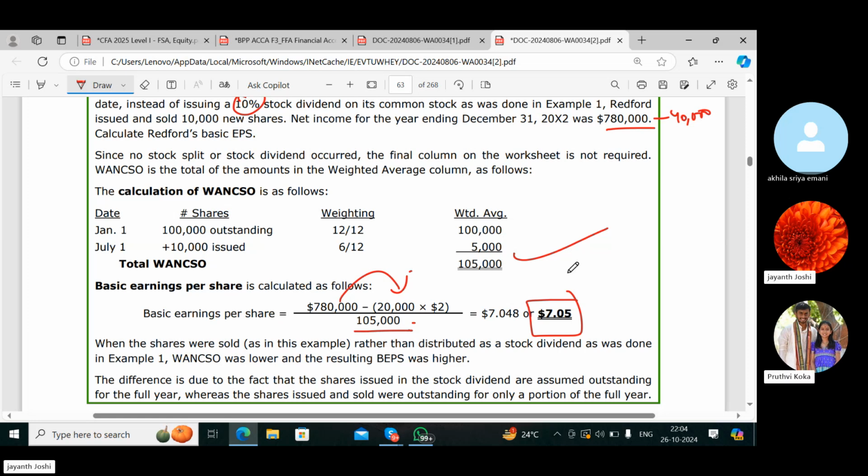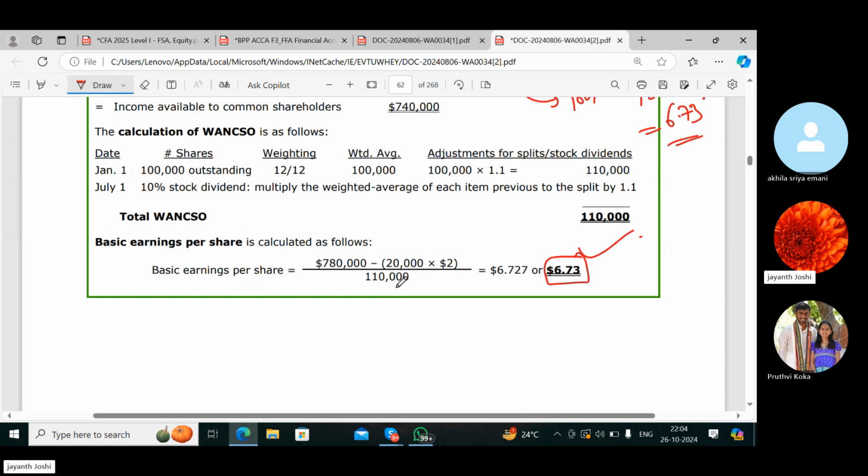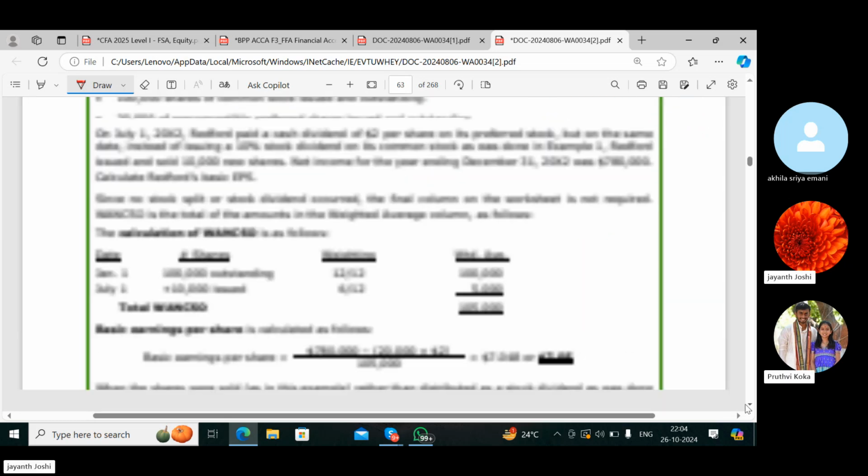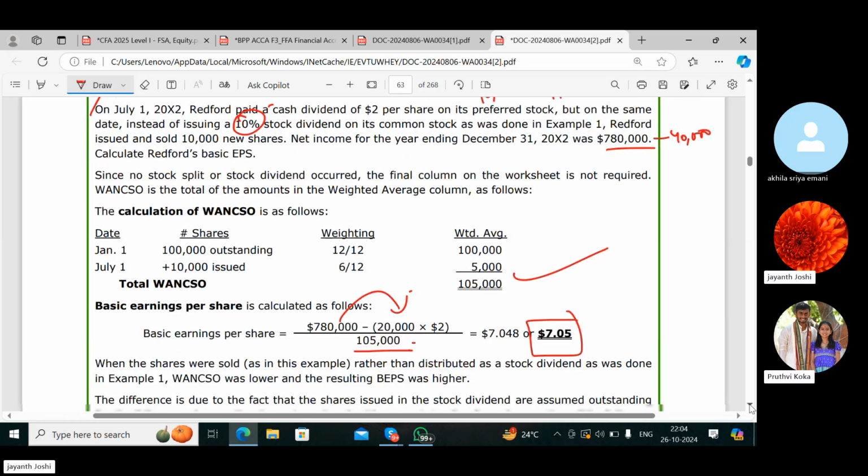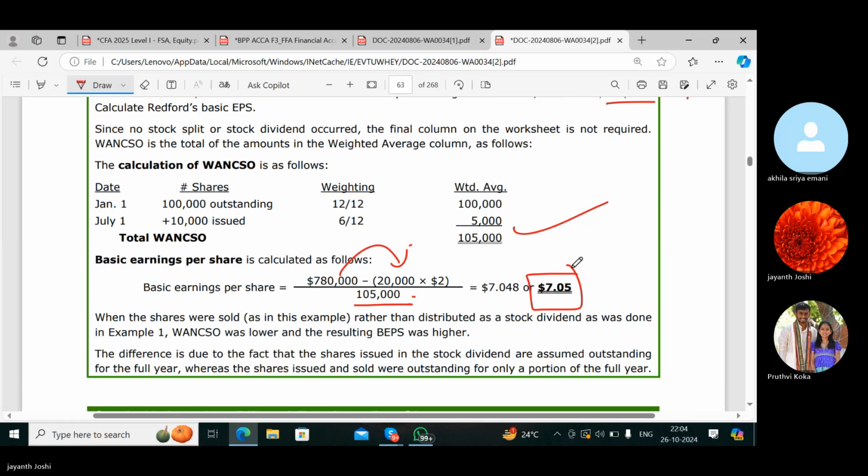When a stock dividend is there, the number of shares will increase. As you can see, what's the denominator there? 1,10,000. When the outstanding shares are more, the EPS will be less, right? Here the outstanding shares are less by 5,000, so EPS is more. That's it.